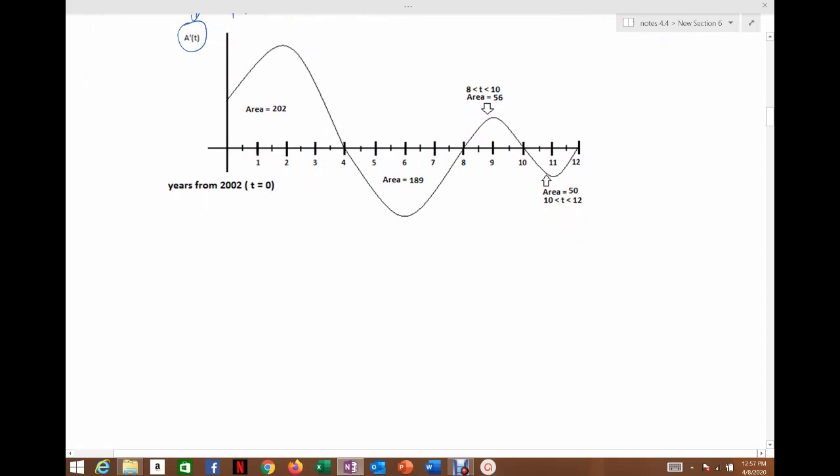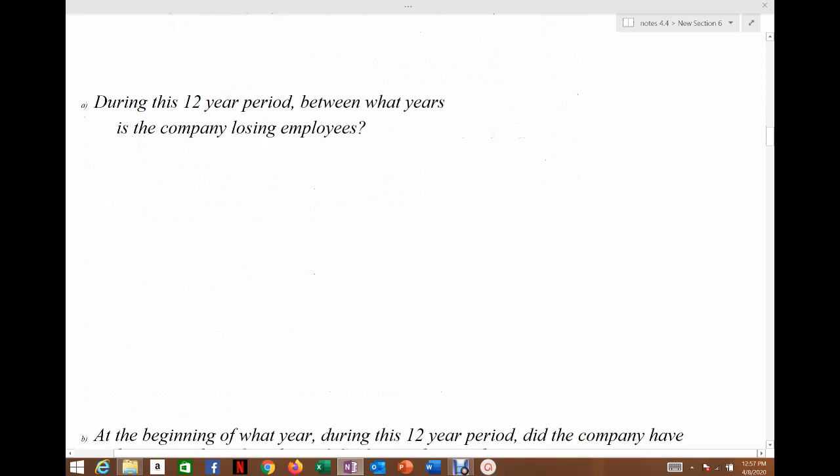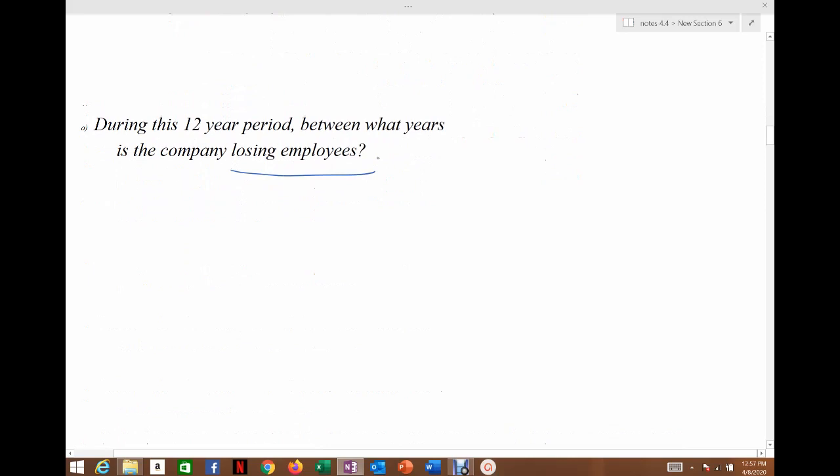So this is the graph we're going to be using. The first question: during the 12-year period, between what years is the company losing employees? Losing employees should be the negative areas, which is the area below the x-axis, or the t-axis in this case.